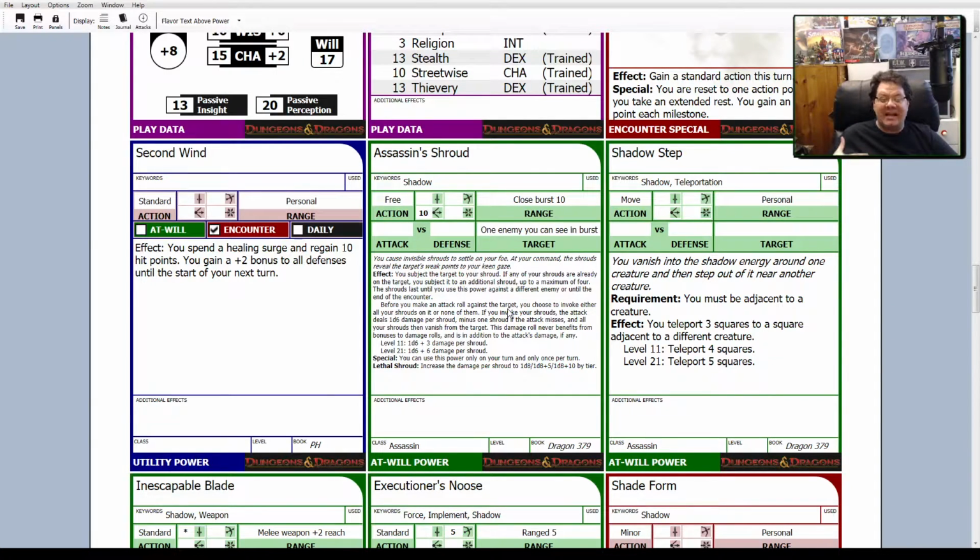Green means it's an at-will power, so there's no limit to how often you can use it, other than you have to have an action available to do it. And this one in particular is special, where it says you can only use this power only on your turn and only once per turn. So you never ran out of assassin shrouds.